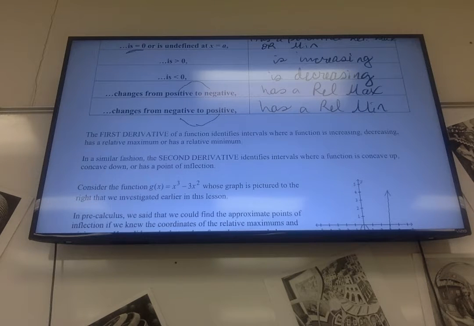So, let me show you what it looks like. If it's concave up, it looks like that. See the U? And concave down looks like the end there.